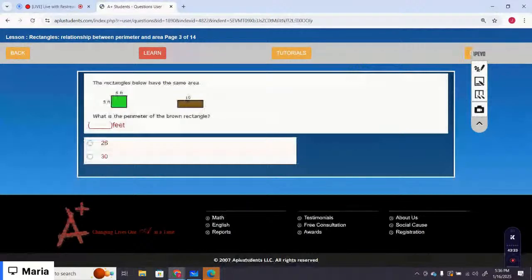The rectangles below have the same area. What is the perimeter of the brown rectangle?